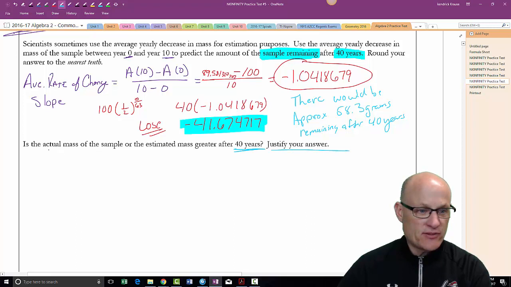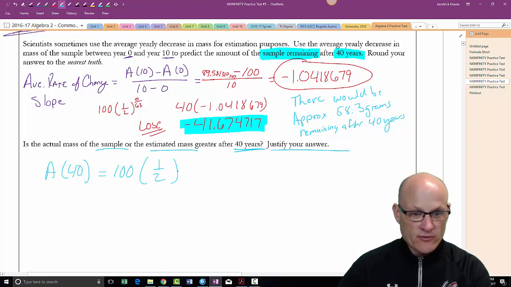Is the actual mass of the sample or estimated mass greater after 40 years? Justify your answer. So they're basically saying which one's going to be greater. So let's do this the right way. A of 40 is equal to 100 times 1/2 to the 40 over 63.